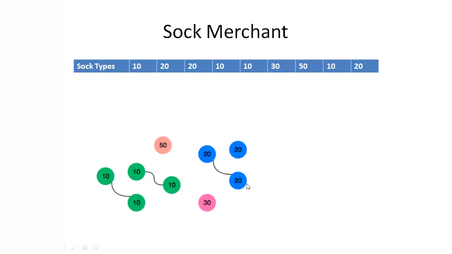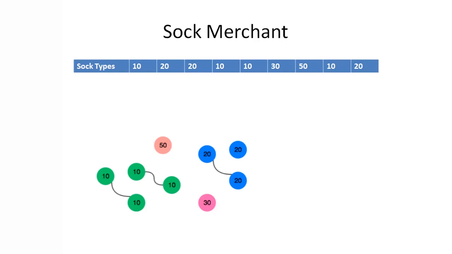Now, if you try to follow the same approach, the frequency array, what should be the size of the frequency array? It should be 50. Out of that, only 4 entries in that array will have a non-zero value. Every other entry will have a value 0.